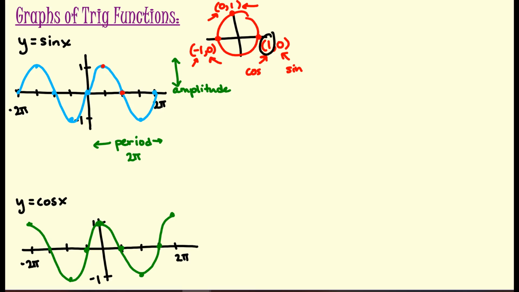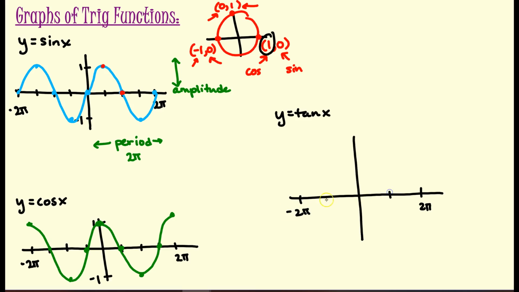And now let's take a look at the tangent graph. Remember that tangent is undefined at places, so tangent actually has some vertical asymptotes.